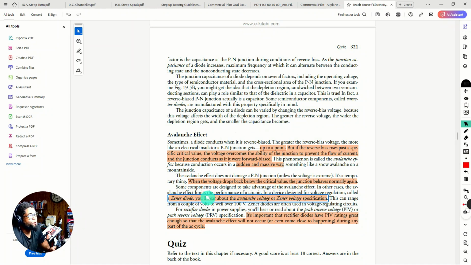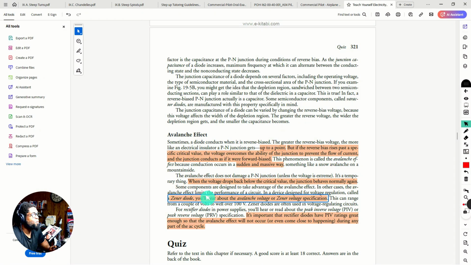The greater the reverse bias voltage, the more likely the electrical insulator, a PN junction, gets up to a point. But if the reverse bias rises past a specific critical value, the voltage overcomes the ability of the junction to prevent the current flow, and the junction conducts as if it were forward biased.